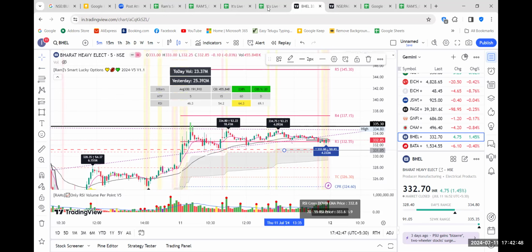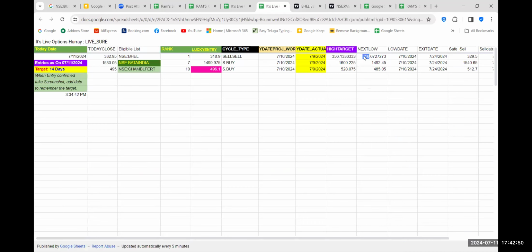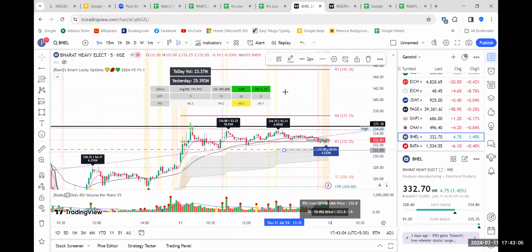Why has this been filtered even though the price is not anywhere near the low pivot? Because the target is 356. So the price is still in the buy zone. With a small risk, with a small stop loss, we can take the entry. That is the reason it filtered. With the minimum profits, at least we can try to enter and exit with a minimum profit.